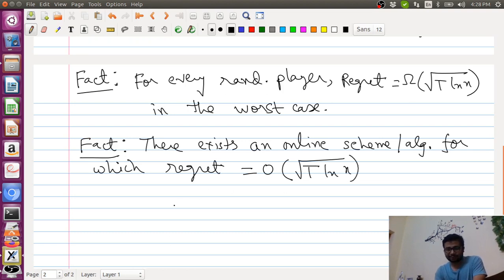So in terms of the time averaged regret, we have time averaged regret is order of square root of ln n by capital T.